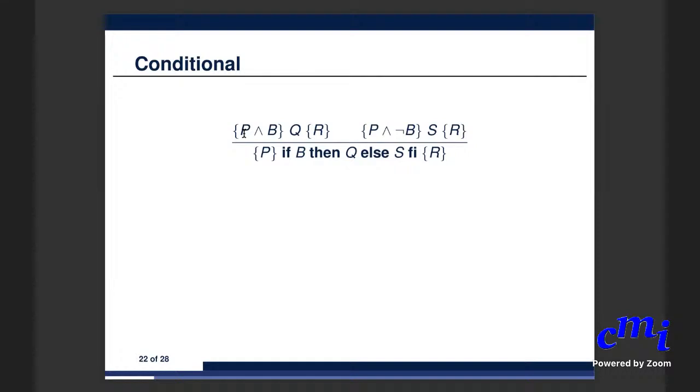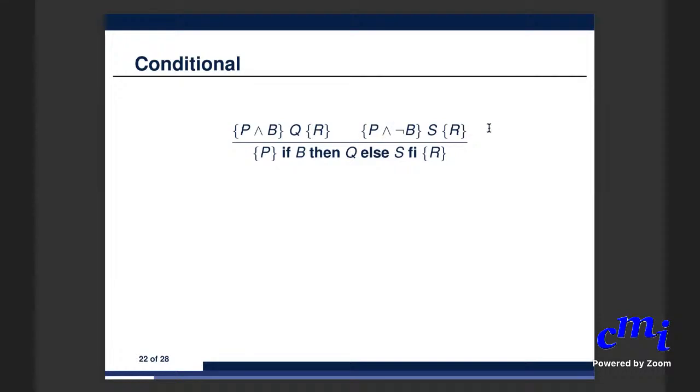I'm in a state which satisfies P, and if B is true, then when I execute Q, R is true. Then if the state which satisfies P is such that not B is true, then when I execute S, R happens to be true.